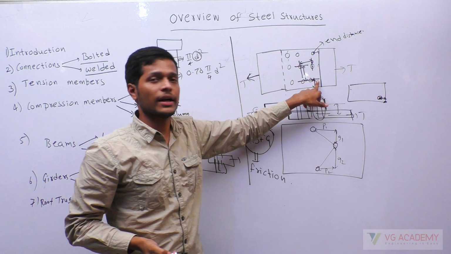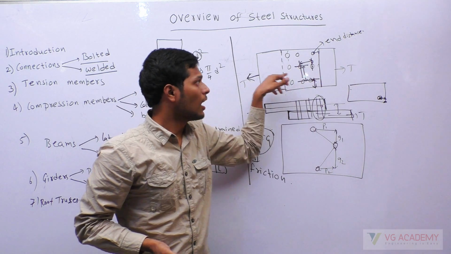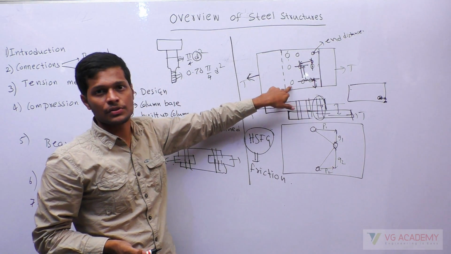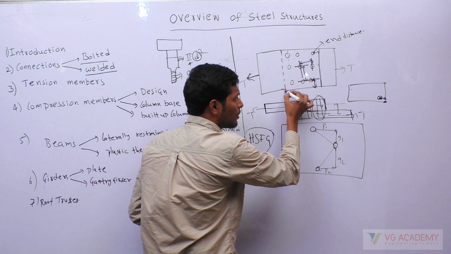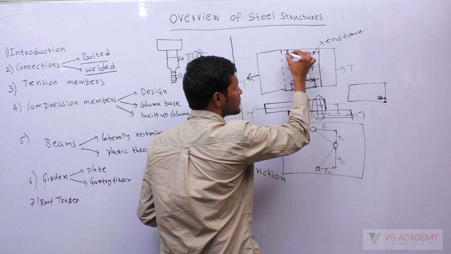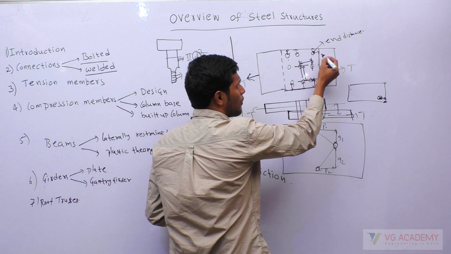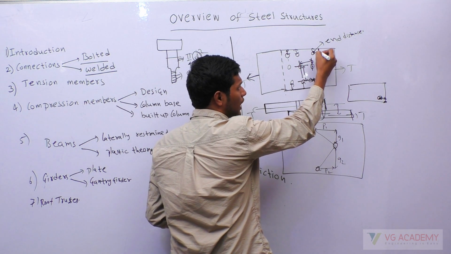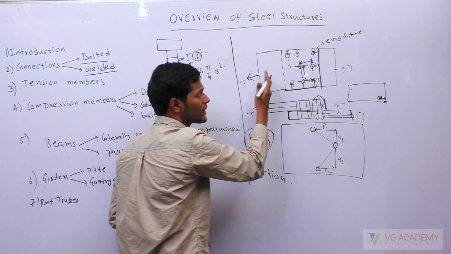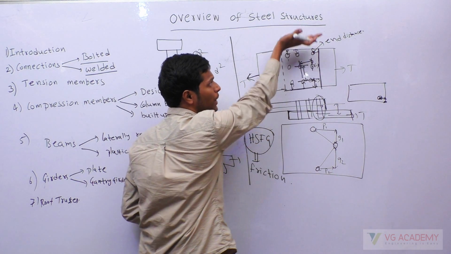Along the load at the end is end distance, perpendicular to the load at the edge is called edge distance. So edge distance will be there throughout the edge, but end distance will be there at the end, like this. So these are end distance at the end of the plate, edge distance perpendicular.